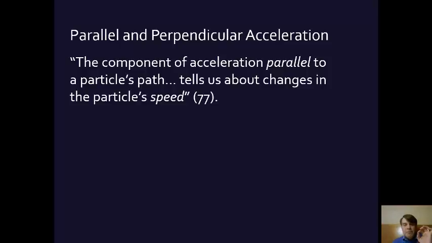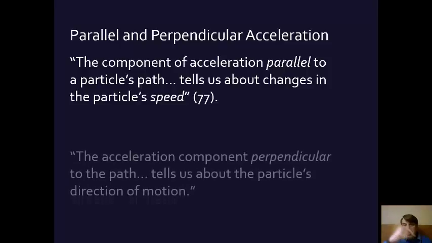Now, if that acceleration is in that parallel direction, then we're going to get a change in the speed of that particle as it goes around the curve. The component of acceleration that is parallel to the path of the particle, however it's going, is going to tell us about whether the particle is speeding up or slowing down.